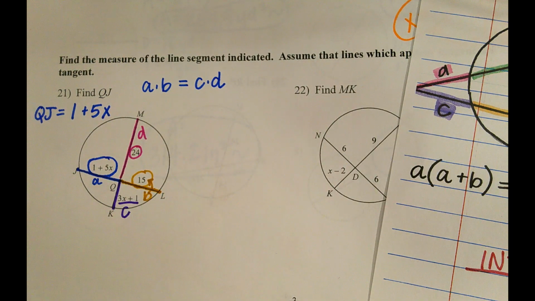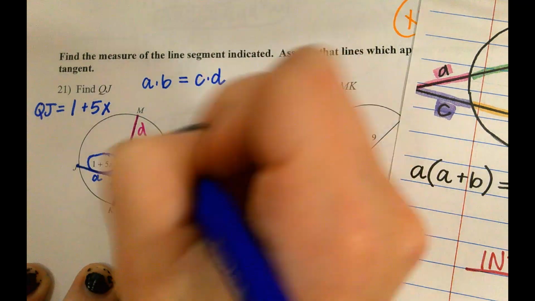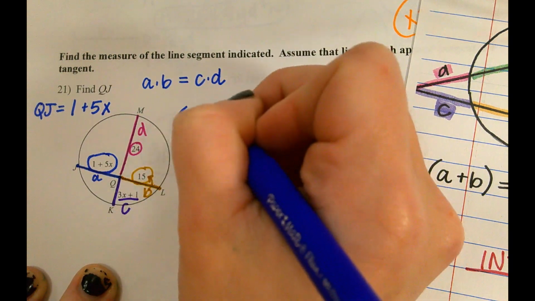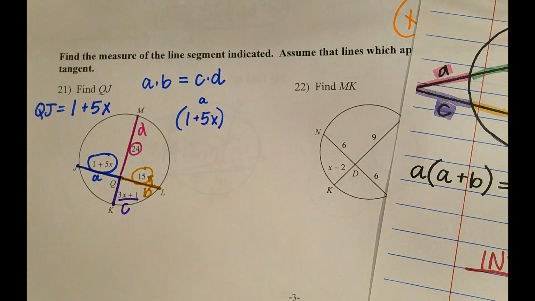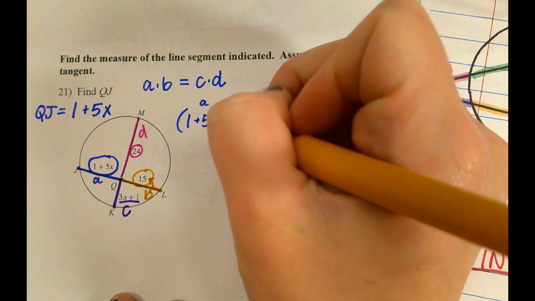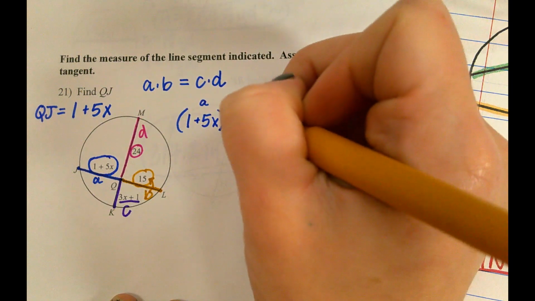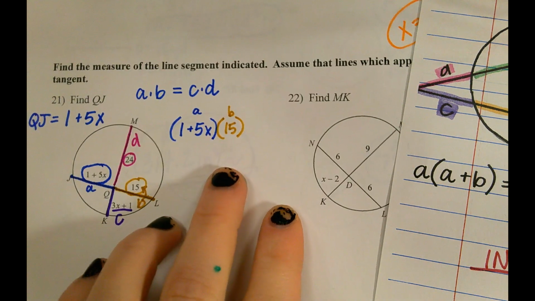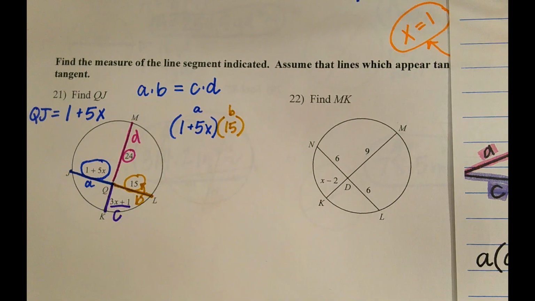A times B. We're going to plug that in. 1 plus 5x, that's A, times B, so times 15. So I have 1/2 of my equation done. I just need to write an equal sign.